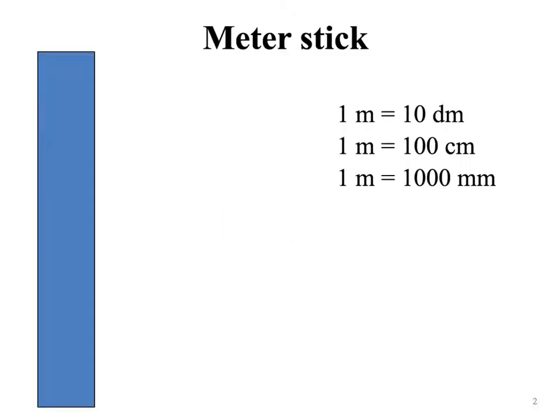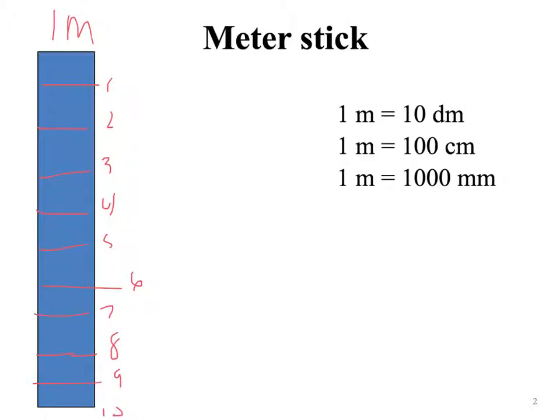So here we're going to talk about the meter stick, and basically let's think of this as 1 meter. We know that in 1 meter, this whole thing is 1 meter, and we have 10 decimeters. 1, 2, 3, 4, 5, 6, 7, 8, 9. I'm just kind of sketching it.